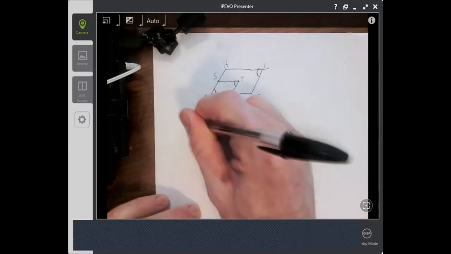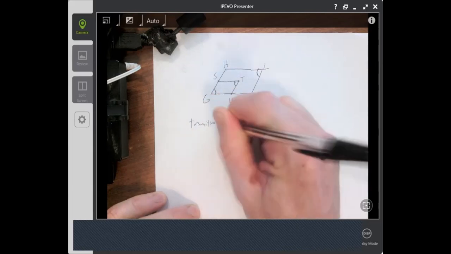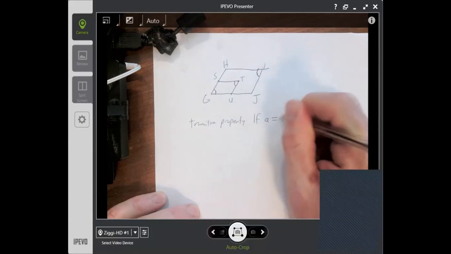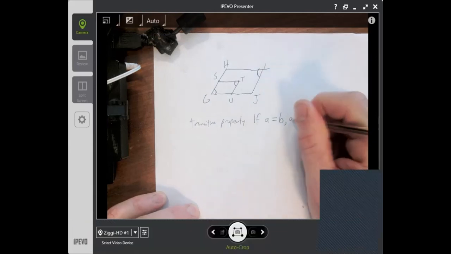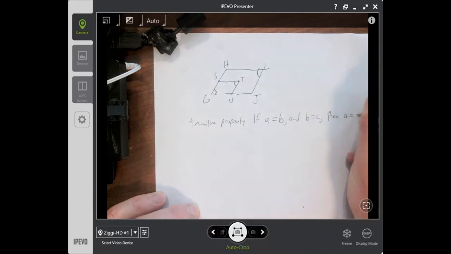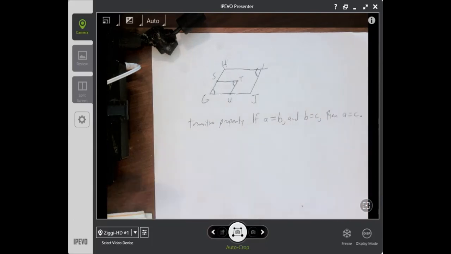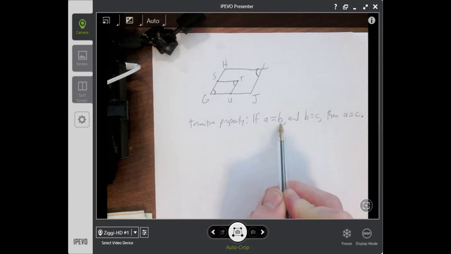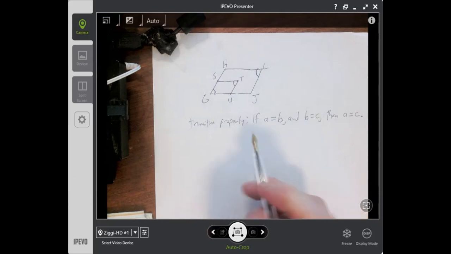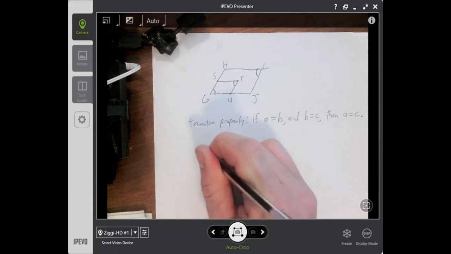The transitive property says that if A equals B and B equals C, then A equals C. So when we were in class, we would always do this by talking about heights. If Aquila is as tall as Bianca and Bianca is as tall as Charlie, then Aquila and Charlie are the same height, right?